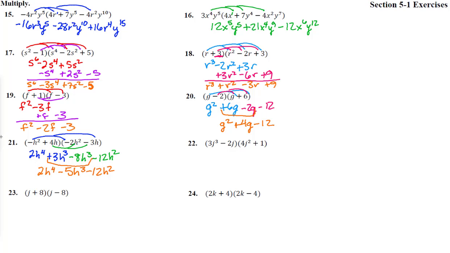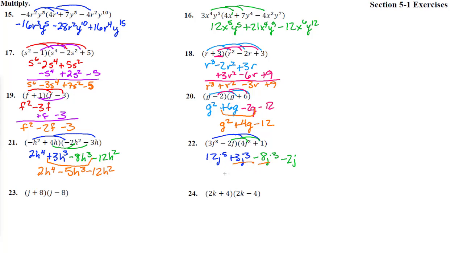All right, number 22. Jump this guy through, and we get 12j to the fifth plus 3j cubed. Now jump the next one through, and we get minus 8j cubed minus 2j, I think is what that'll be. Yeah. All right. Now let's simplify them together here. Any like terms?